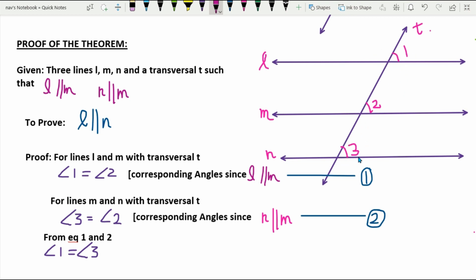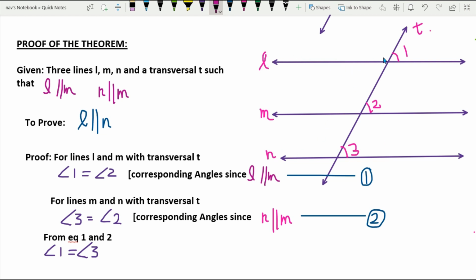But these are corresponding angles. Angle 1 is equal to angle 3. We have learned previously that if the corresponding angles are equal, then the two lines are parallel.